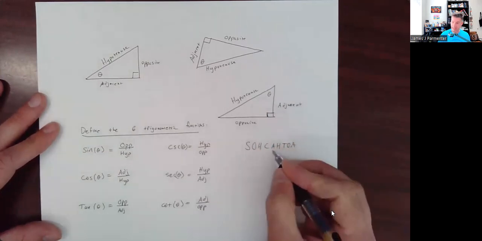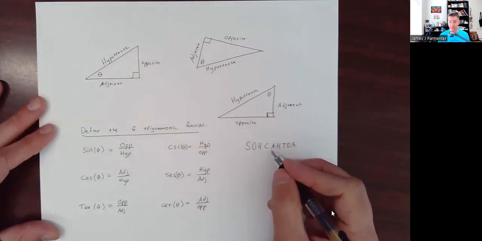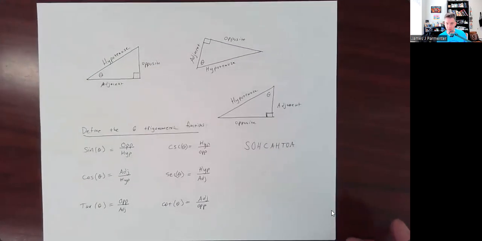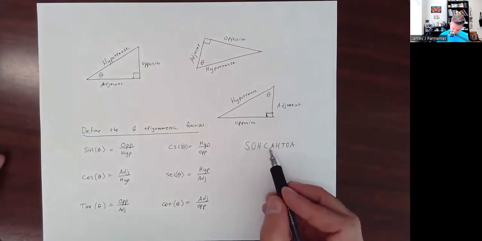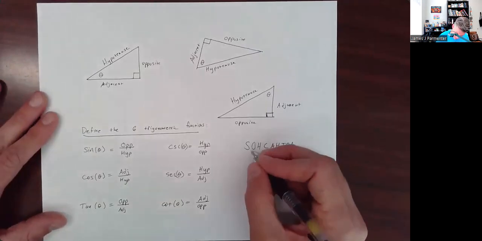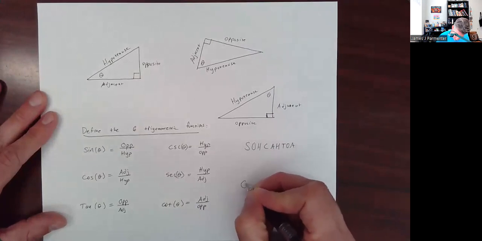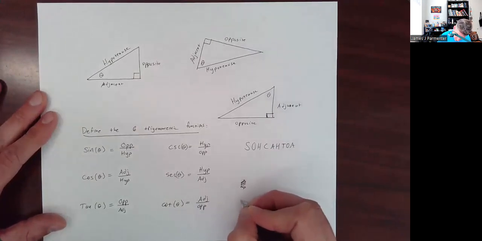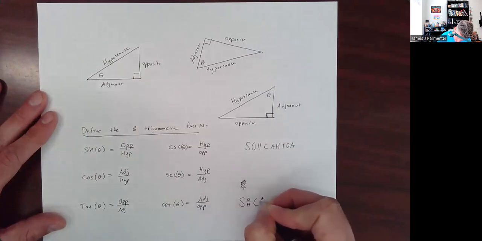I do like emphasizing the A sound there in the ka, because I've heard students say SOHCAHTOA and write it with an O instead of an A. So make sure you say SOHCAHTOA. I've also seen people write it like this, not starting with the C. Let's just scratch that out there. Writing it as SOHCAHTOA.